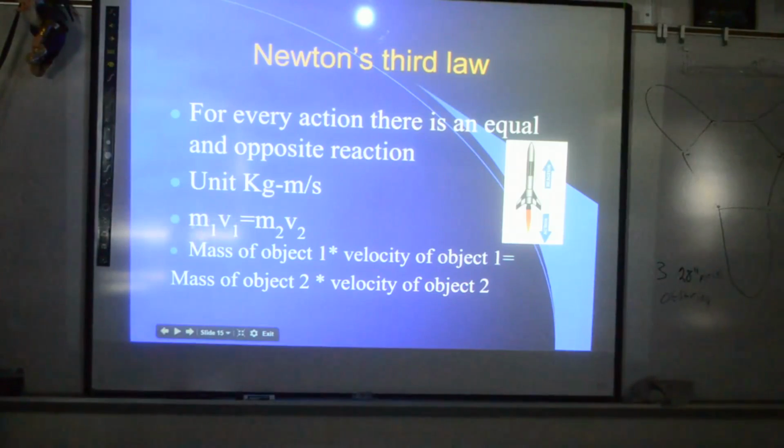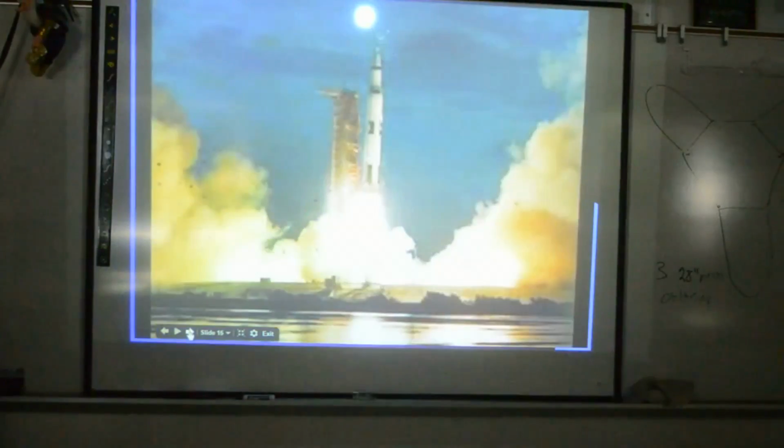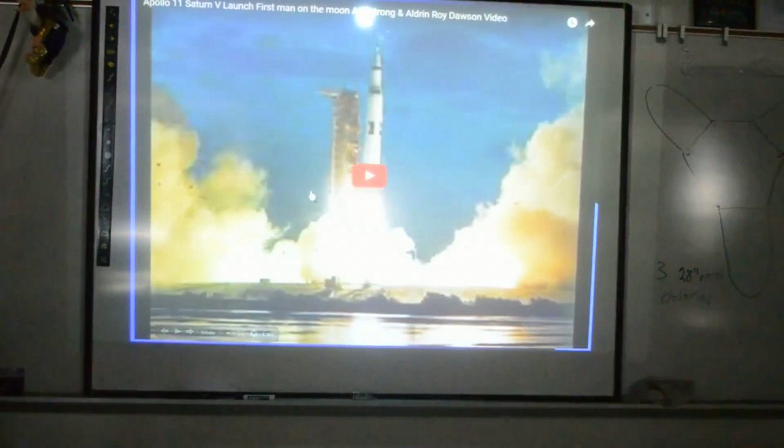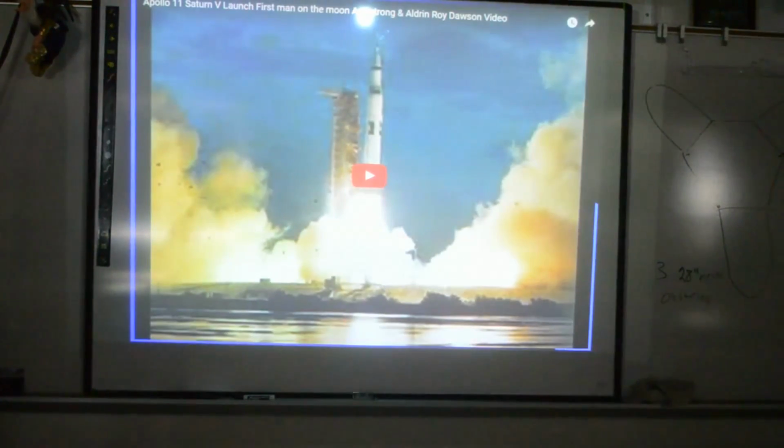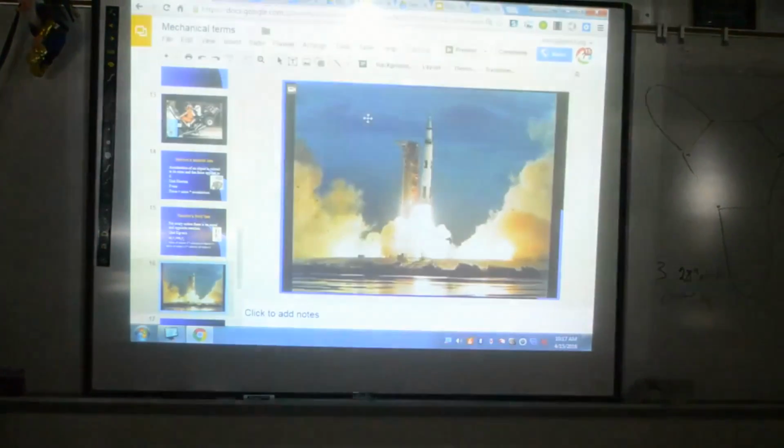We have the mass of the gas and the velocity of the gas coming out, the mass of the rocket and the velocity of the rocket going up. Action, reaction. In fact, you may have remembered we watched the Saturn V rocket take off with lots of gas coming down and the rocket slowly accelerating upwards.